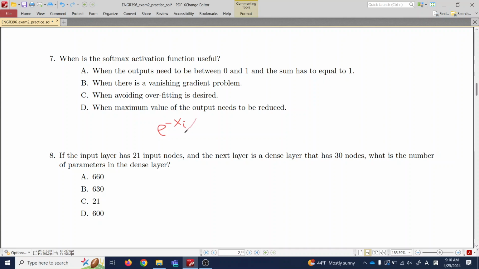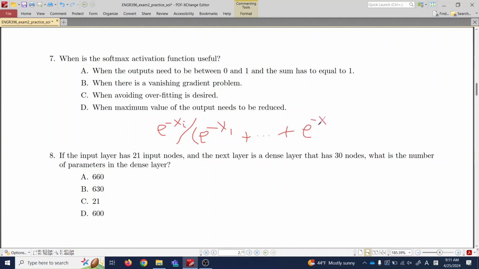But then you divide this by the sum of all the values from the nodes. So you have e to the negative x1, and then plus e to the negative x2, and then dot, dot, dot, until you reach the last output, e to the negative xn.